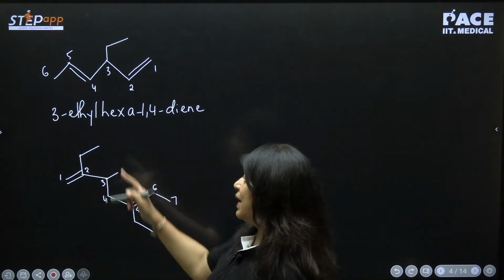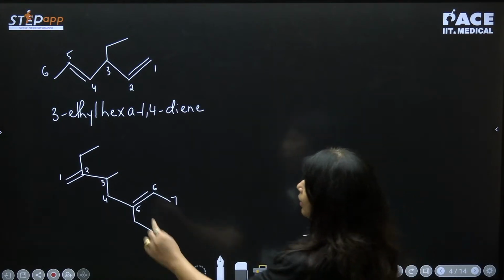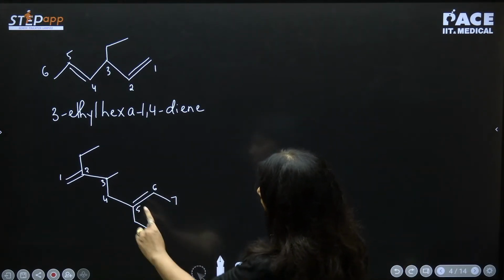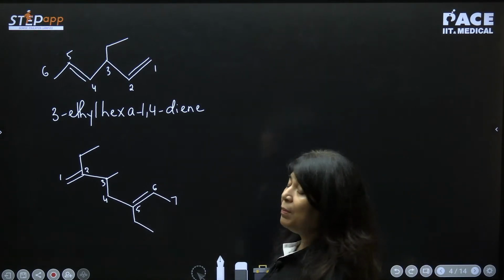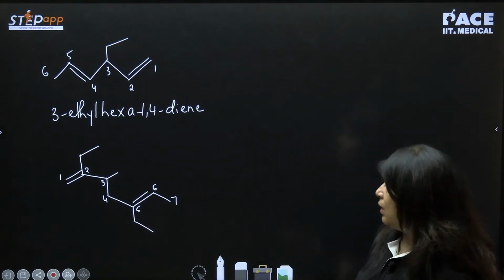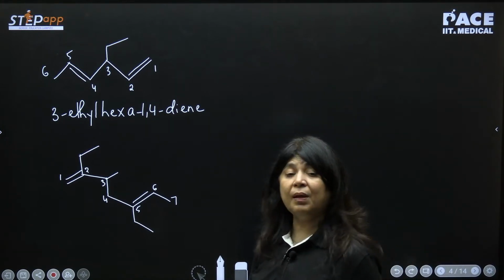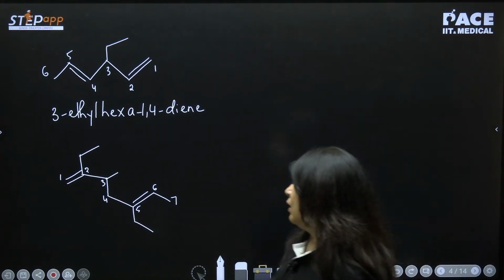The second carbon has an ethyl group, the third carbon has a methyl group, and the fifth carbon again has an ethyl group. So let us name ethyl before methyl. There are 2 ethyl groups, so we name them together as diethyl.